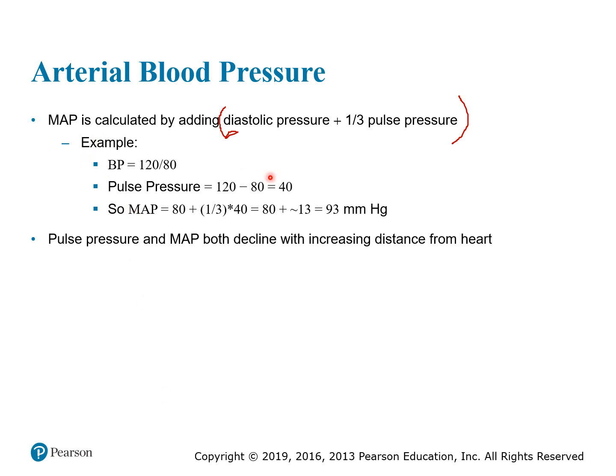Now, for example, in this example, the blood pressure is 120 over 80, so pulse pressure is 40. So our mean arterial pressure will be 80 plus 1/3 of 40, which comes to about 93 millimeters of mercury. And pulse pressure and mean arterial pressure both decline with increasing distance from the heart, like we saw in that chart.